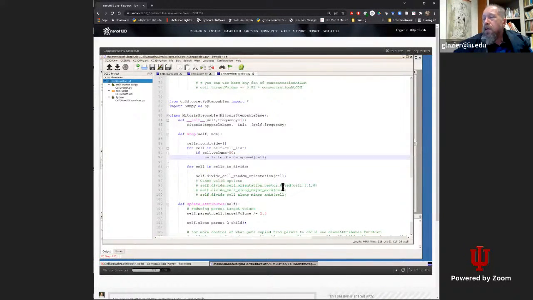One of the assignments was saying, instead of saying cell volume greater than 50, we said cell target volume is greater than 50. Right? That was one of the homework assignments. So let's try that, see what happens.